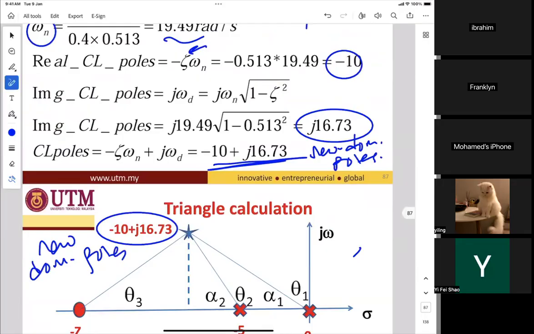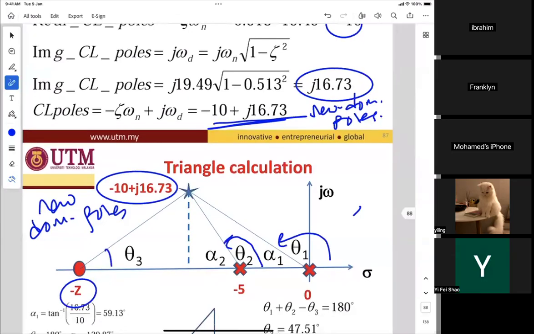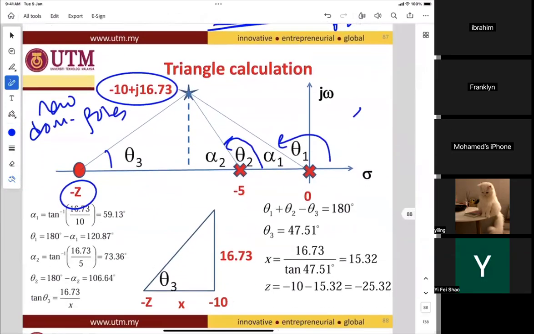Okay, then we calculate the angle of theta 1, poles at 0, theta 2, poles at -5, and we locate Z, we assume here as theta 3. Then we calculate the angle for theta 1, theta 2, and theta 3.